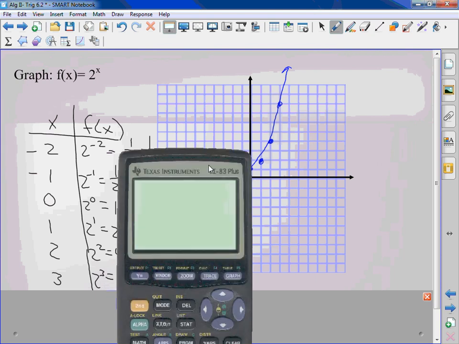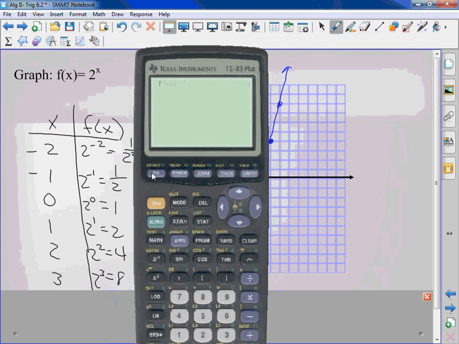Now, when I said about the whole negative aspect, now I can graph this. 2 to the x, that's the first one. I graph. That's what it shows. I can change it to the 1/2.